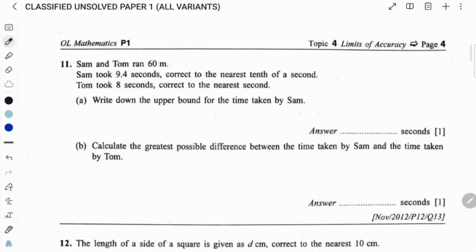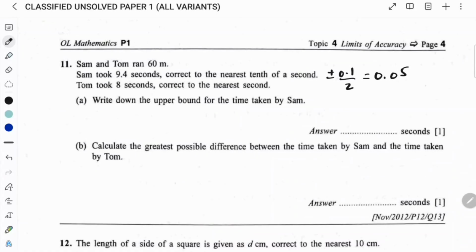Alright, in this question we have Sam and Tom who ran 60 meters. Sam took 9.4 seconds correct to the nearest tenth. Tenth means plus minus 0.1 upon 2, which is 0.05.